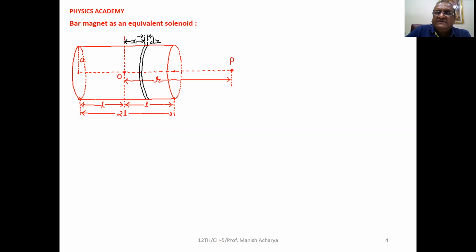And we will see that this equation is exactly like the equation of the magnetic field of a bar magnet on its axis.